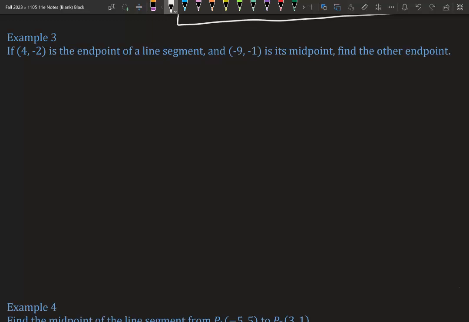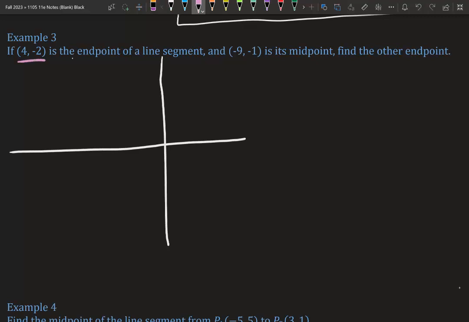Alright, so we have 4, -2, -9, -1. So those are the only points I have. Let's go ahead and draw them. Alright, so we have 4, -2. We go right 4, down 2. So it's about here. That's where 4, -2 is going to be. Somewhere in this region. And then we have -9, -1. We can say it's somewhere right here.